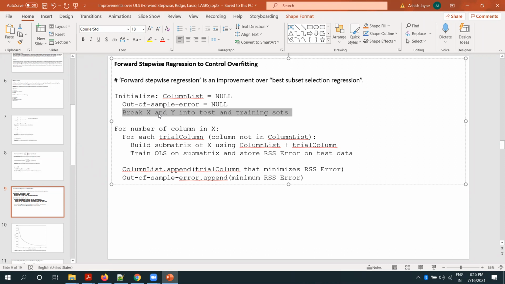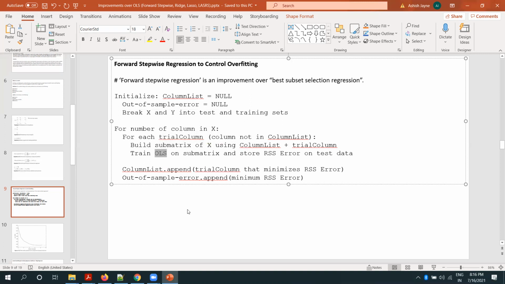Now, for the number of columns in x, so as many attributes as you have, for each trial column, you pick a column and build a matrix of x using the column list plus the trial column. The column list is an attribute. For that, you keep appending a trial column to your column list and train OLS.